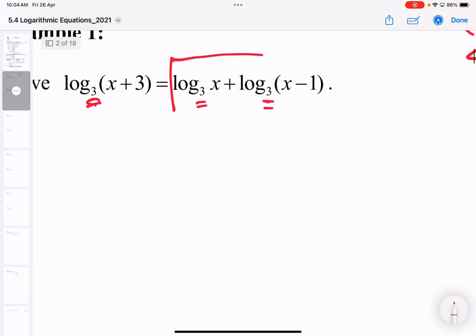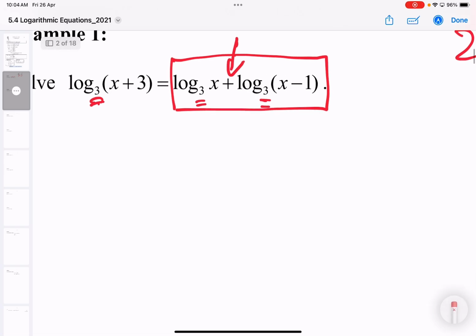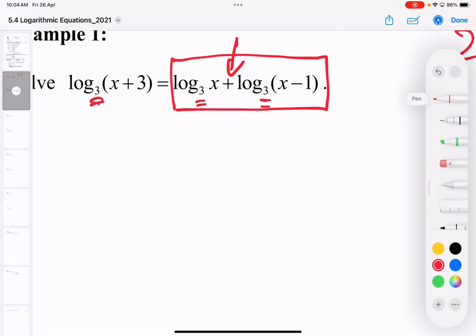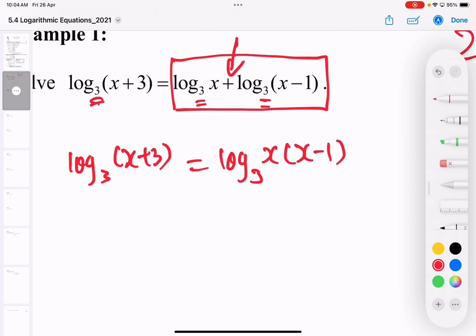I notice on my right that I have 2 terms. So what can I do when I have a plus? I can multiply them together. So I know that this is going to be log base 3 of x(x - 1).